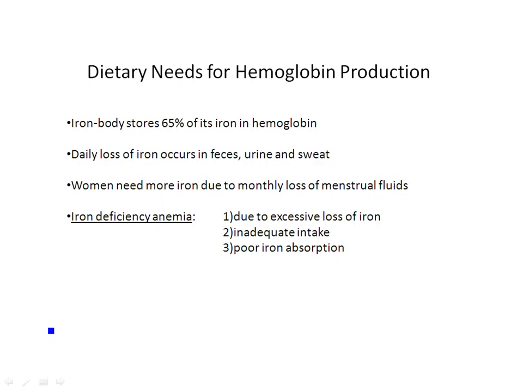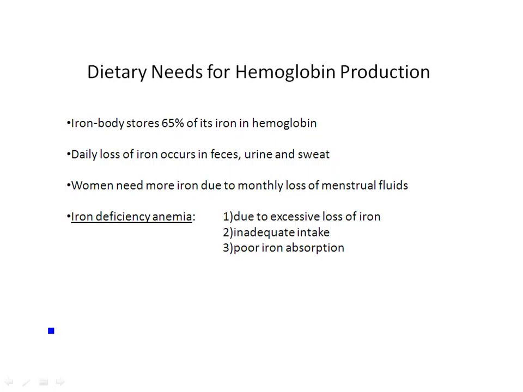You have daily losses of iron, though, that are going to occur through your feces, urine, and sweat. You just naturally lose some of your iron, so you're going to need to replace it with dietary intake of iron. Women will need much more iron than males because women have a monthly menstrual cycle and they lose blood, and therefore they lose more hemoglobin, more iron. And so they're going to need more iron than males.